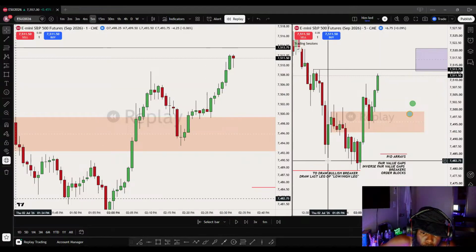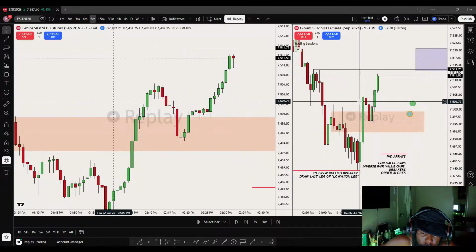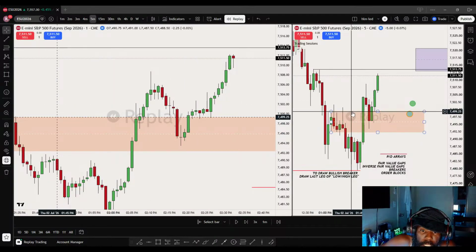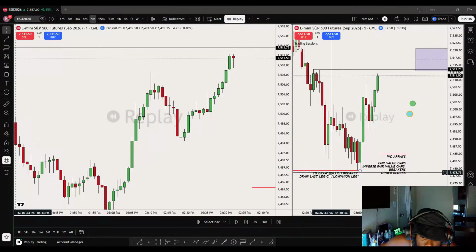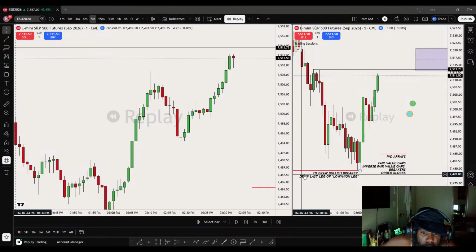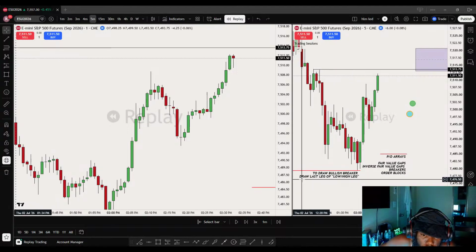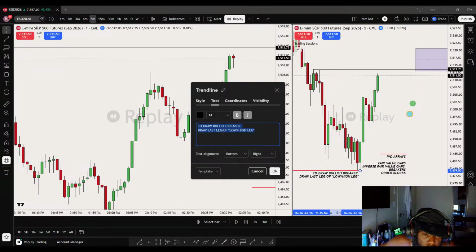So anyway, breaker: low, high, lower low, higher high. Now let's do exactly what I just wrote down here. To draw a bullish breaker. Oh wait, my bad, I put last leg.